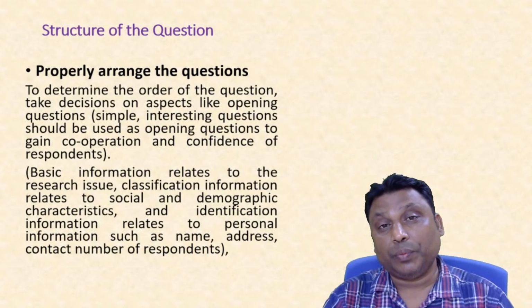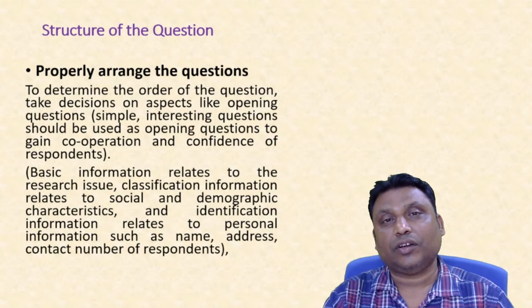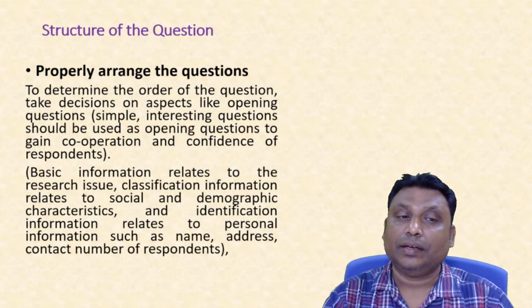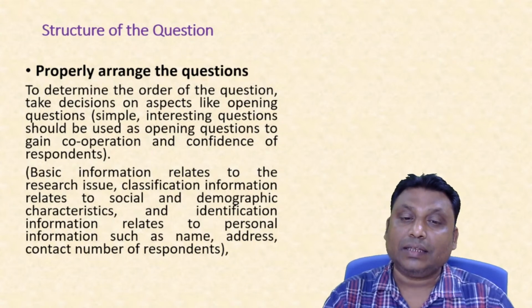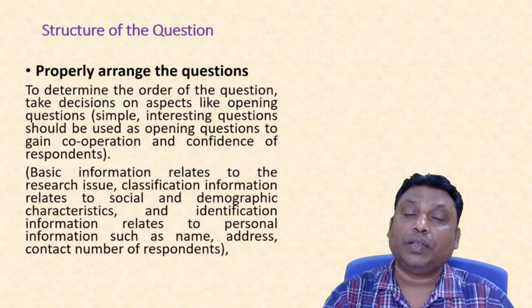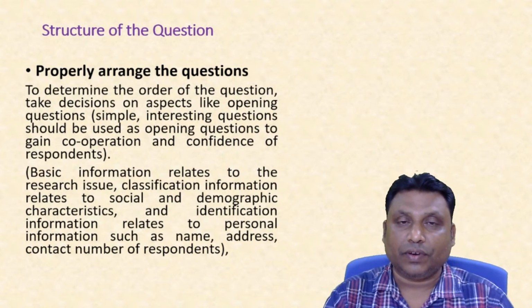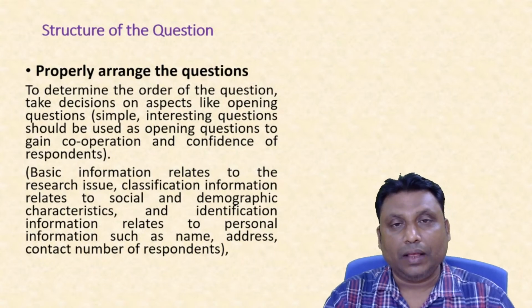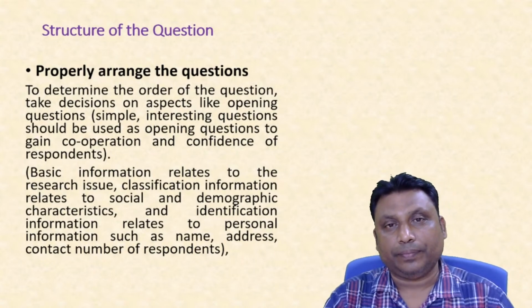Now, when you are preparing your questionnaire, first, section A should be the demographic profile. Demographic profile means the basic information. The first section A should be the basic information like this. Section A, first question is name. Second question is age.